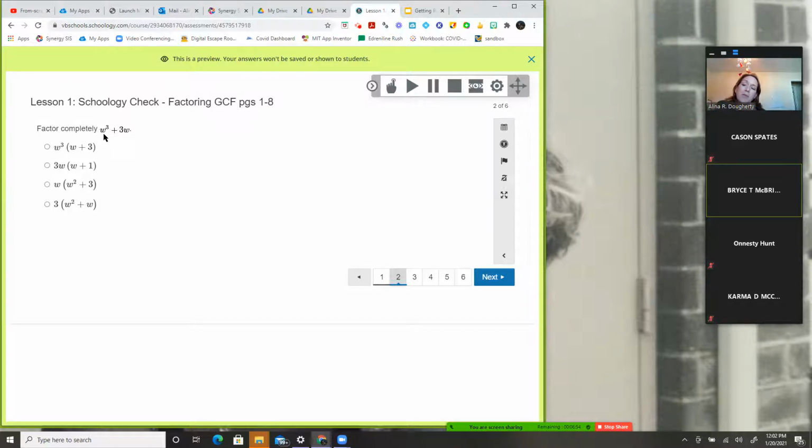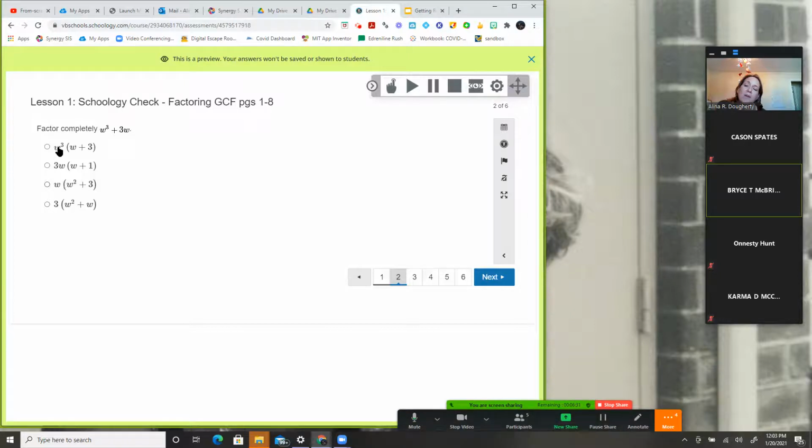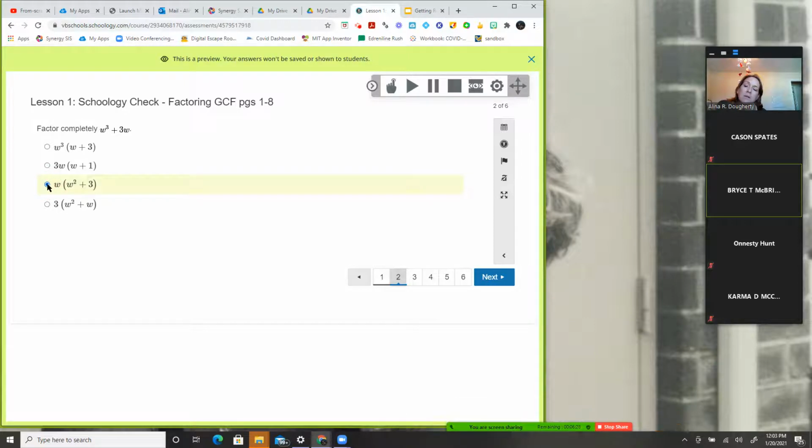What can I divide both w cubed and 3w by? 1w. So which one has 1w outside the parentheses as the greatest common factor? That guy right there. That's the only answer choice that can be possible because the greatest common factor is w.